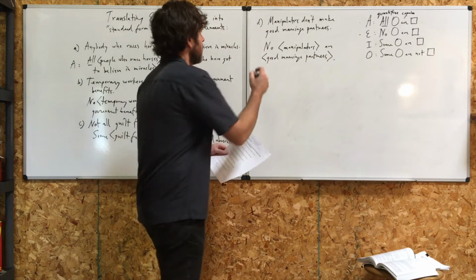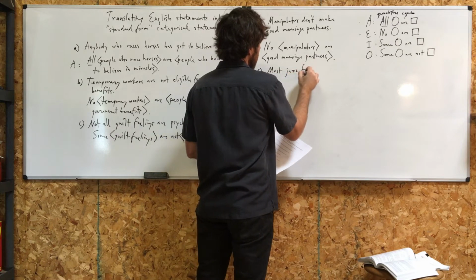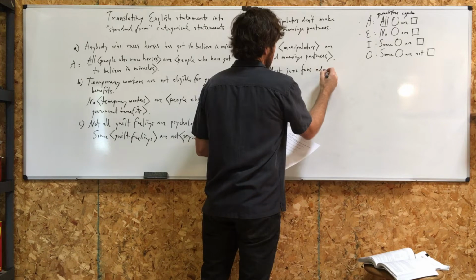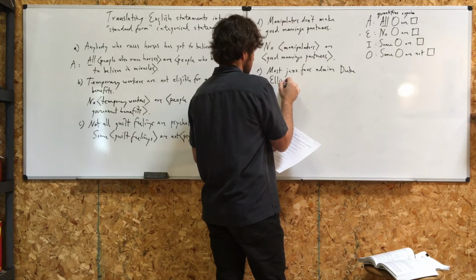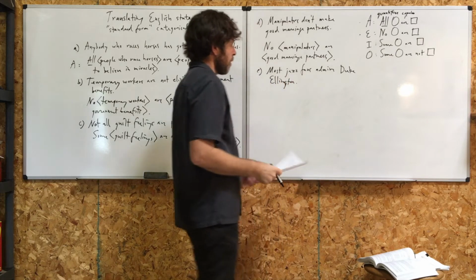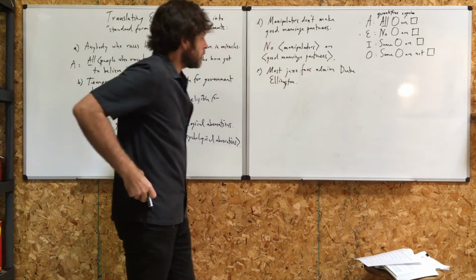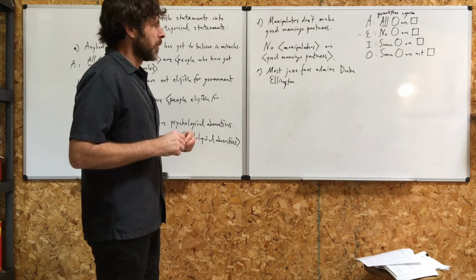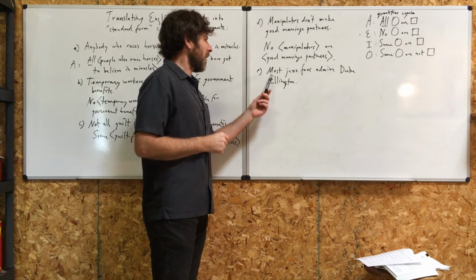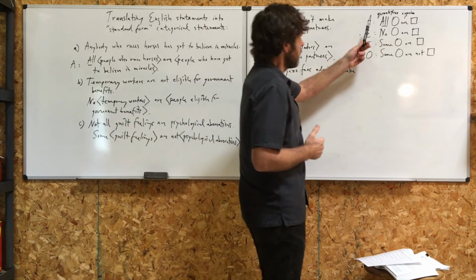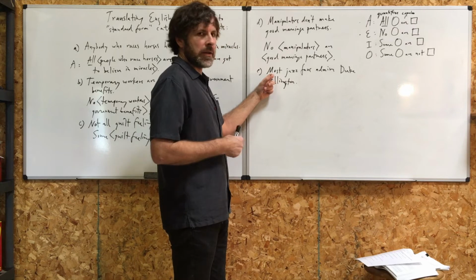Okay, let's get to E. Most jazz fans admire Duke Ellington. Now, this is a little bit tricky, because if you're really a careful thinker, you're going to say, I can't express this in terms of any of these standard forms, because most doesn't automatically mean all.